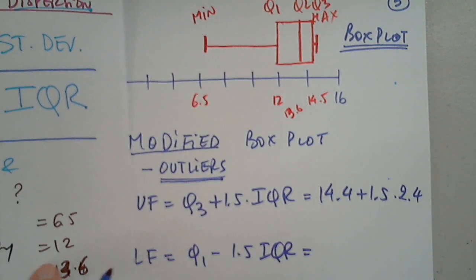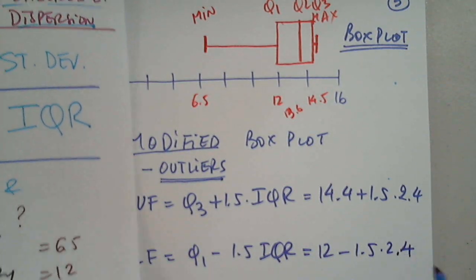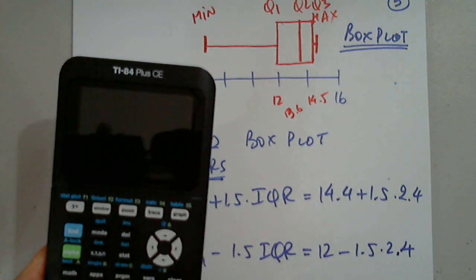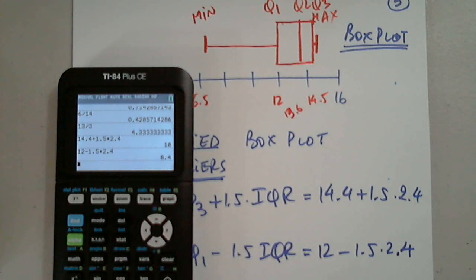So Q1 was 12 minus 1.5 times 2.4. Grab my calculator. 14.4 plus 1.5 times 2.4, and then 12 minus 1.5 times 2.4. So this is 18, this is 8.4.